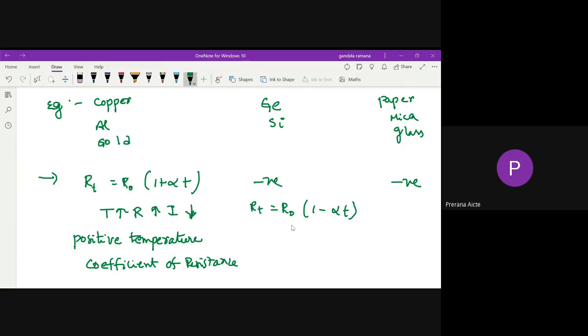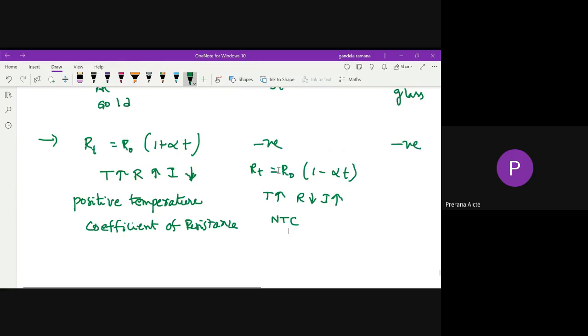So here, when temperature increases, resistance decreases and current increases. So this is a negative temperature coefficient of resistance.